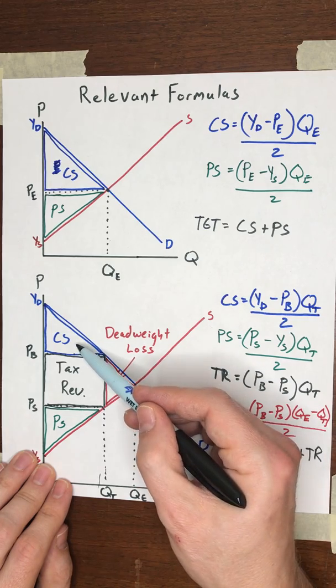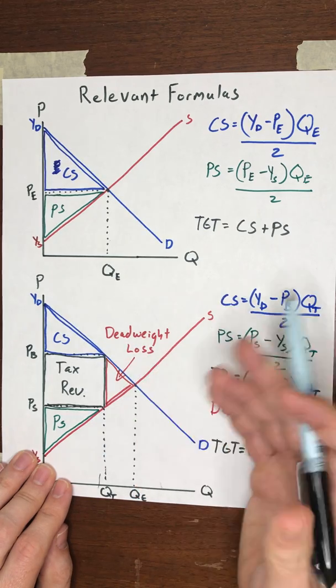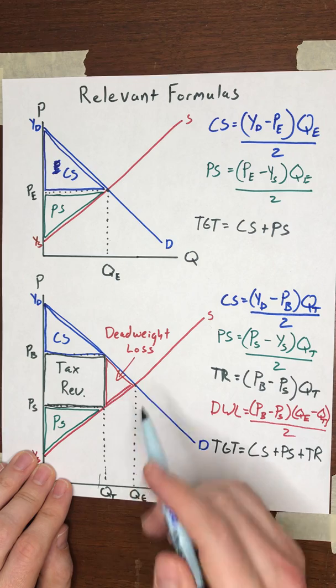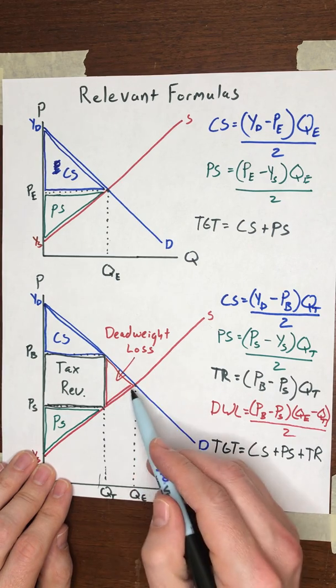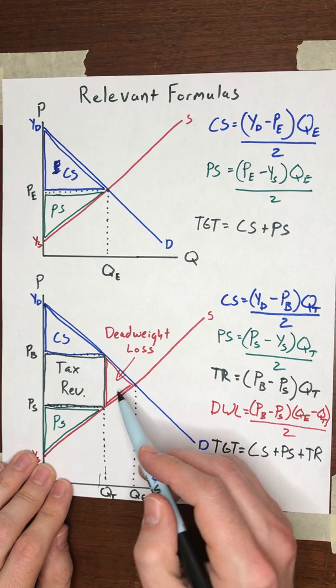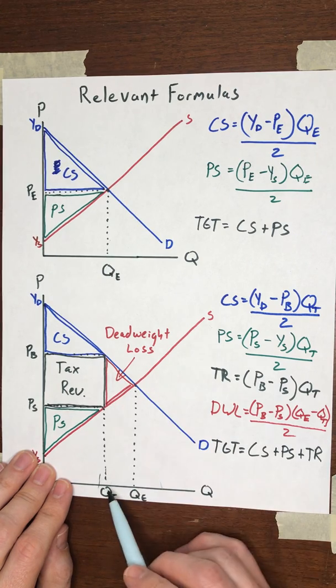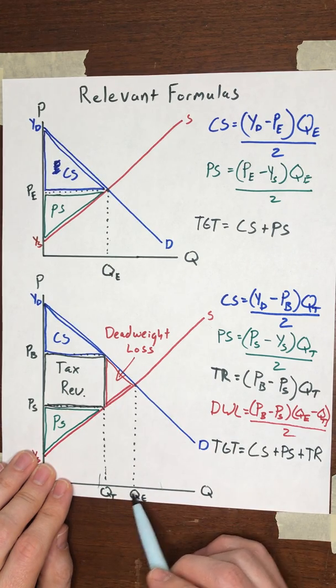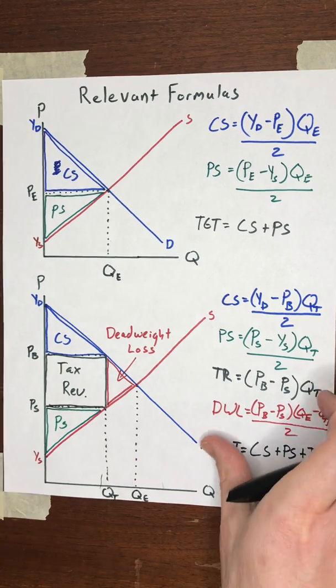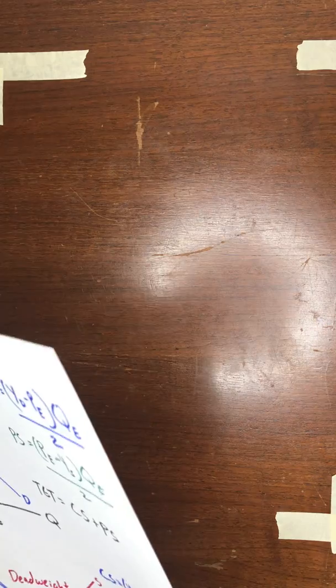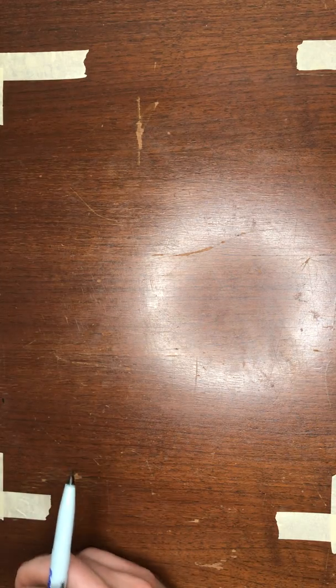They get transferred away from the consumers and away from the producers to the government. The economic cost is going to be this deadweight loss. How big of an area is that? Okay, how many transactions that we would have had without the tax are we now losing because we have the tax?